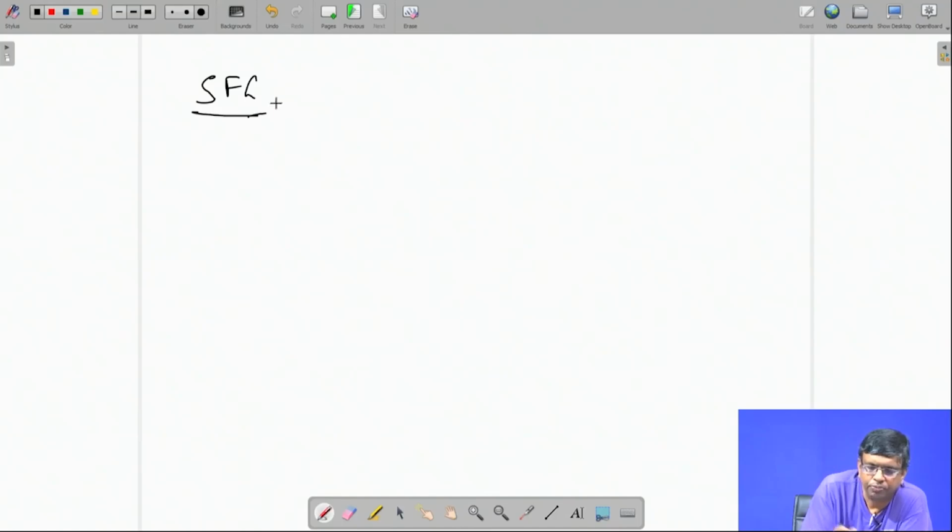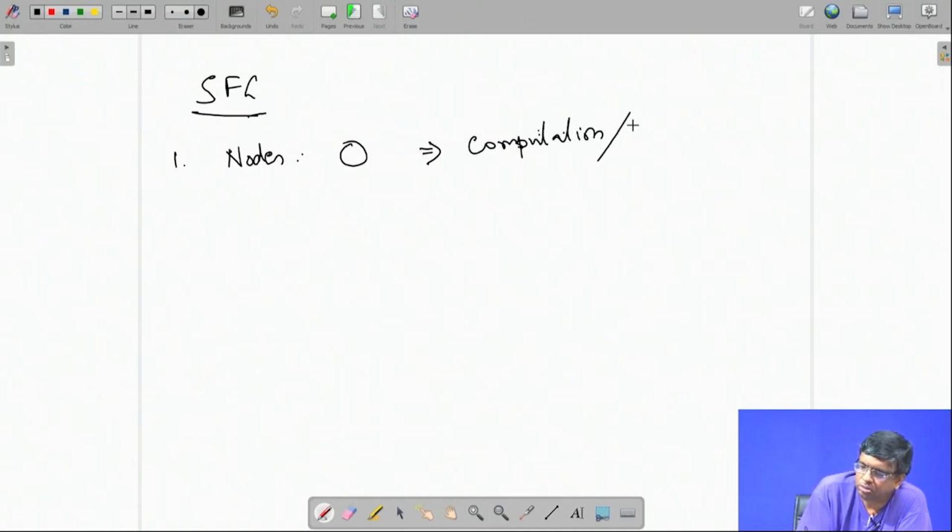Signal flow graph. This consists of two items mostly. One is called node. They are denoted by bubble. Nodes indicate computation or some task, process, whichever way you want to call it.